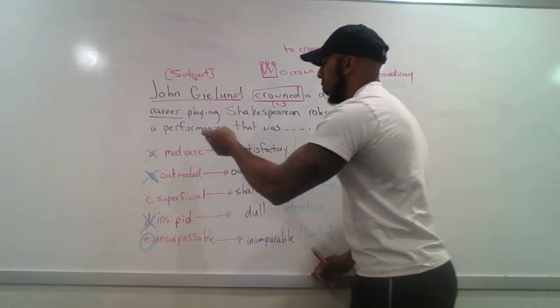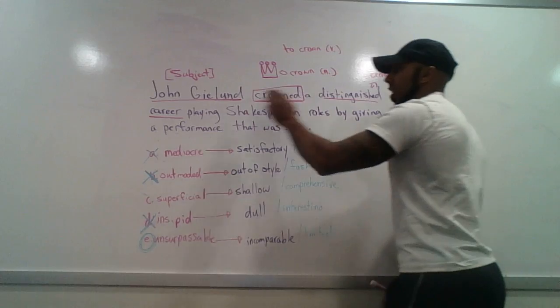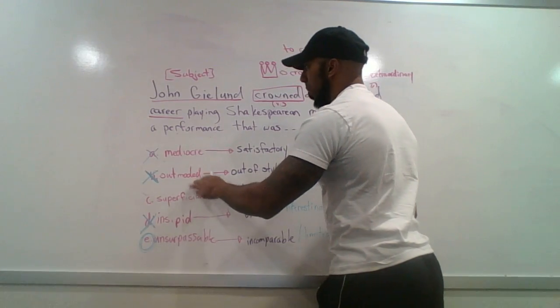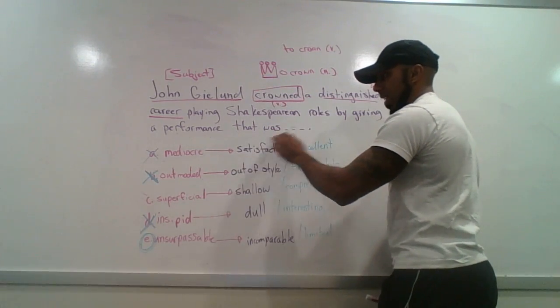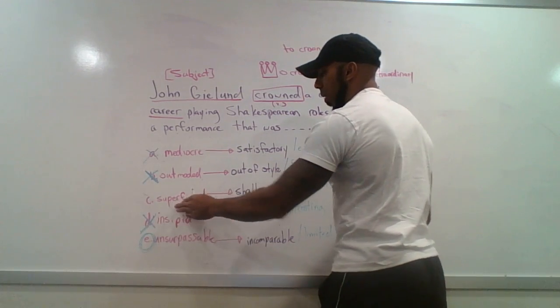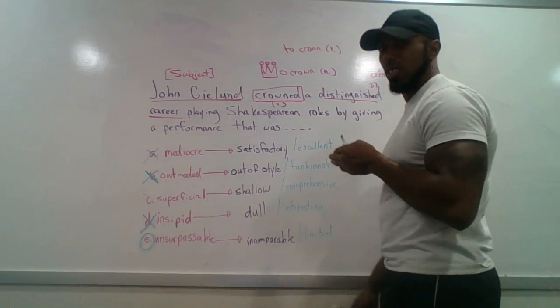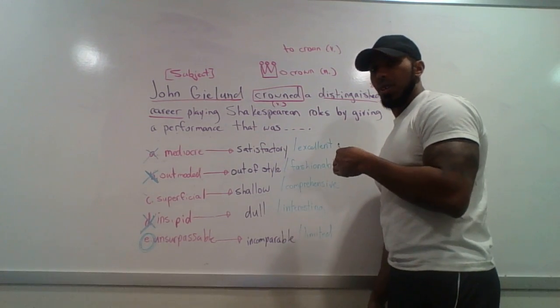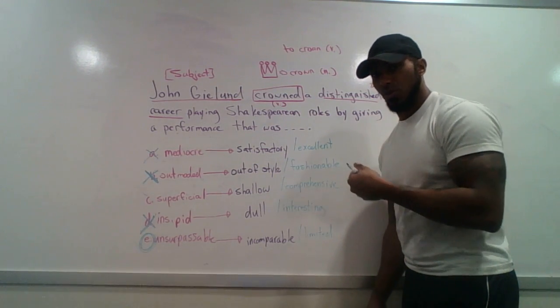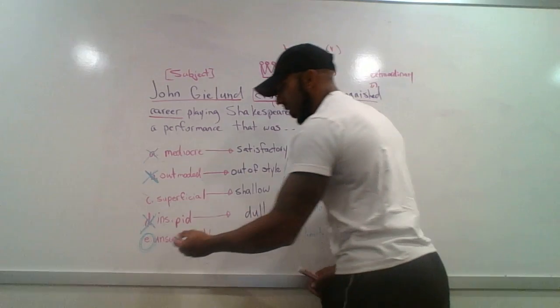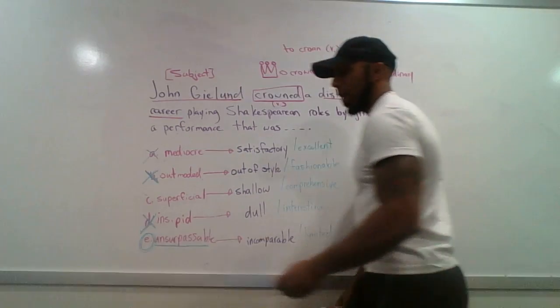So just as we wouldn't use these words to talk about an outmoded performance or a performance that's out of style, we wouldn't use those words to talk about one that's superficial or shallow. Okay, it wouldn't make sense to use positive words like that to describe something that was great, the final performance that was great. So we would need to use something such as this, unsurpassable.